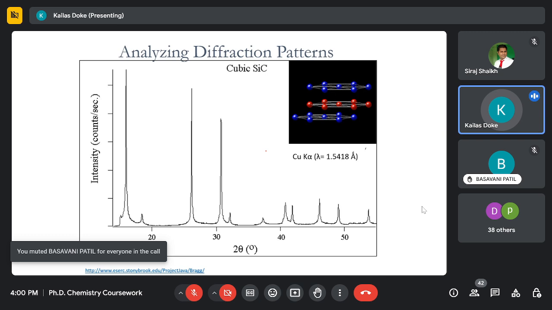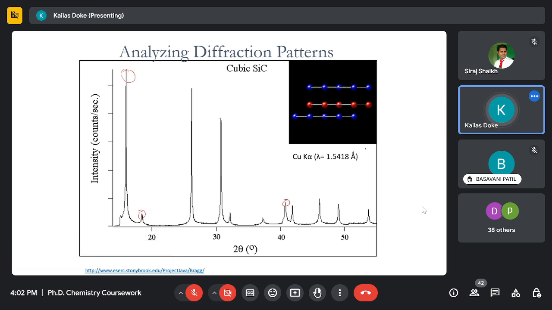So some peaks are more intense in the diffraction pattern, and some peaks are less intense. Some peaks have intensity around 10%, some peaks around 80%, and some peaks just 2 to 5%.